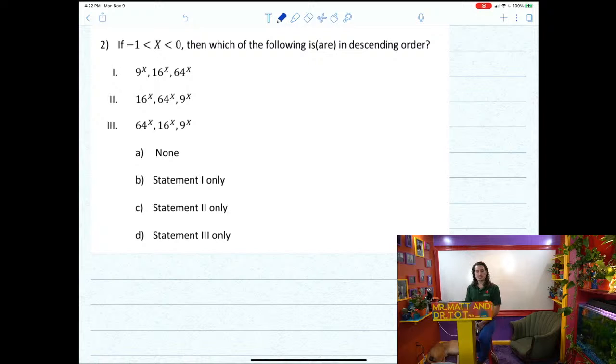Statement 2 says 16 to the x power, comma, 64 to the x power, comma, 9 to the x power. Statement 3 is 64 to the x power, comma, 16 to the x power, comma, 9 to the x power. And answer selections A through D. A is none, B is statement 1 only, C is statement 2 only, and D is statement 3 only. I'll give you 3 minutes, and then I'll give you the solution.